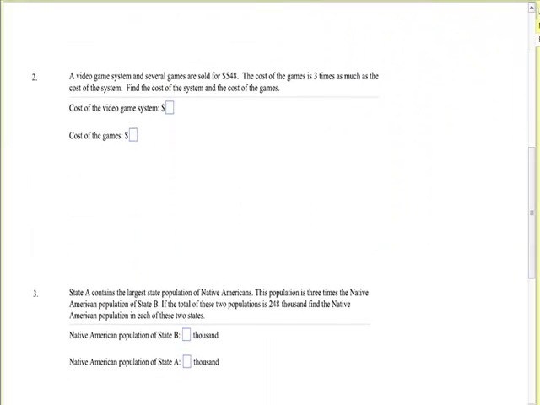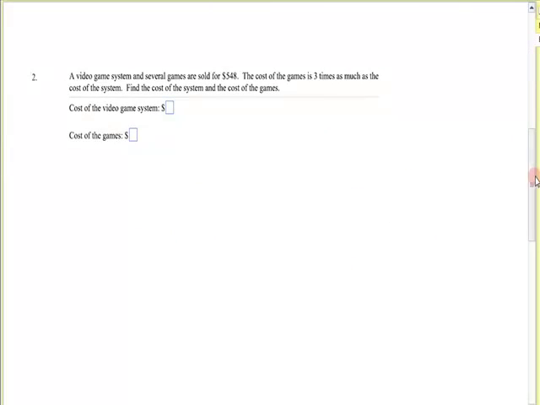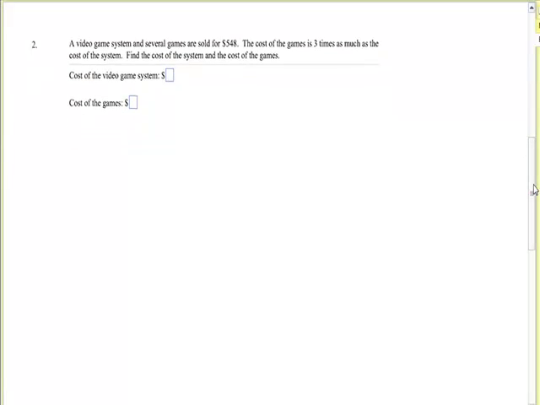All right, let's look at this next one. A video game system and several games are sold for $548. That looks like my total. The cost of the games is 3 times as much as the cost of the system. That's my comparison. Which one do I know nothing about?